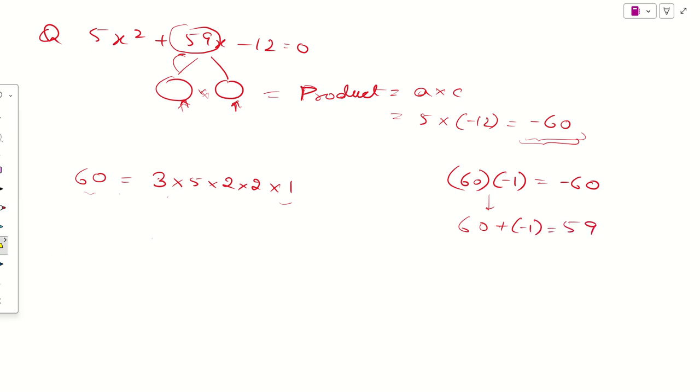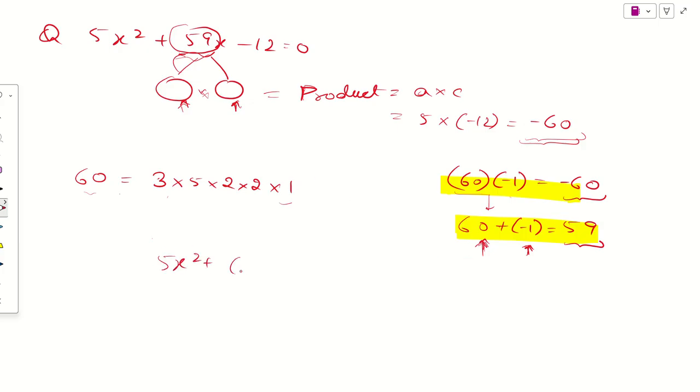That is what we are trying to have. From these two numbers we can have the middle term 59, and the multiplication also minus 60. So these are the two numbers we can split, the numbers with which we split the middle term.